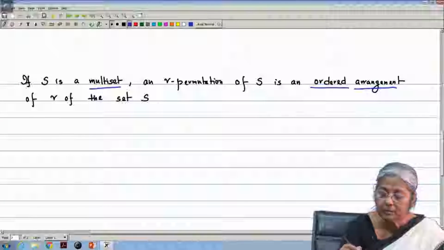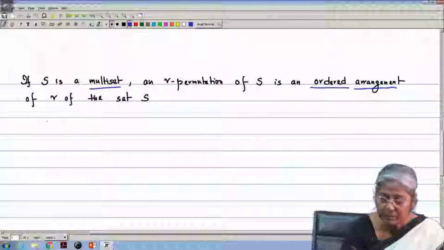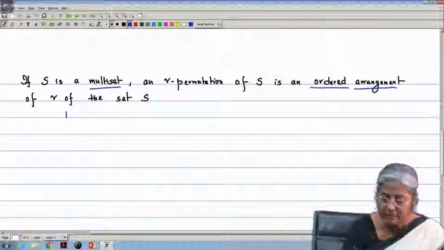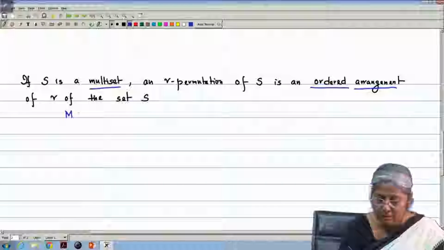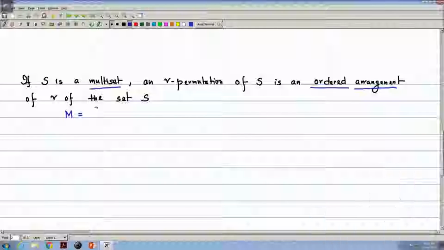So, if I take an example, say M is a multiset and I have taken A with repetition 2, then B with repetition 1 and C with repetition say 3.